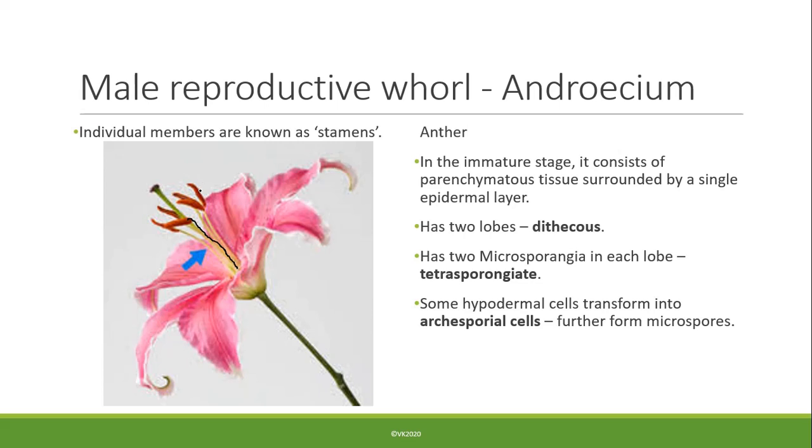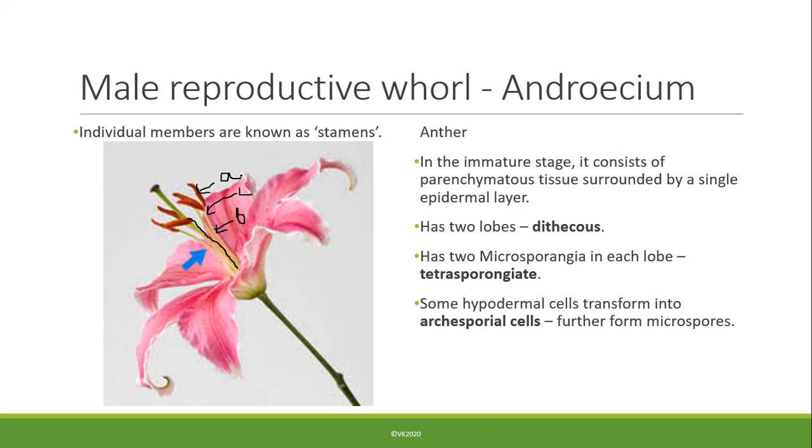Now in this stamen, if you see, this part is known as the anther. We have a connective where the anther meets the filament. So this part is known as the filament, this part is known as the connective, and this part is known as the anther.